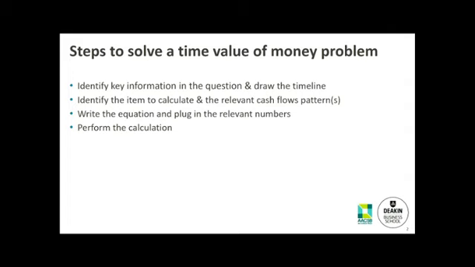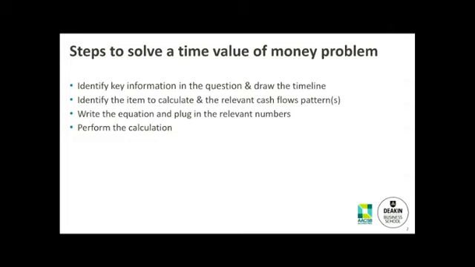Steps to solve a time value of money problem. What are the key steps? Step 1, identify the key information of the question, and most importantly, make sure that you draw a timeline. Do you still remember? For each of the examples I showed you in the seminar, I showed you the timeline.